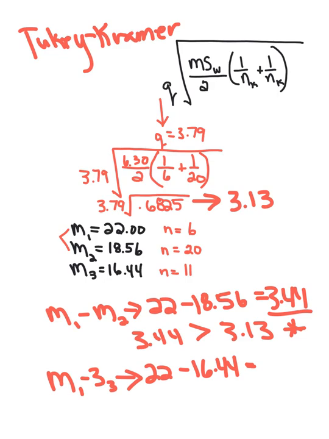So we're going to go 22 minus 16.44, which is 5.56. So our difference has to be bigger than 5.56, but we need to find out what our Tukey is for mean 1 versus mean 3.